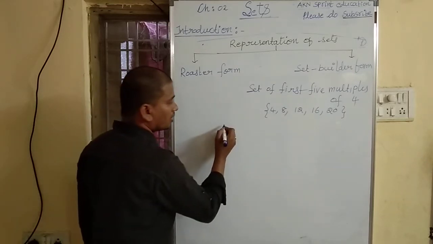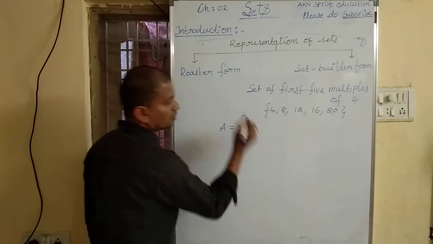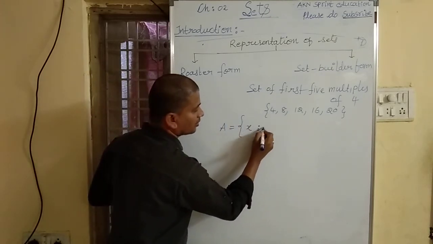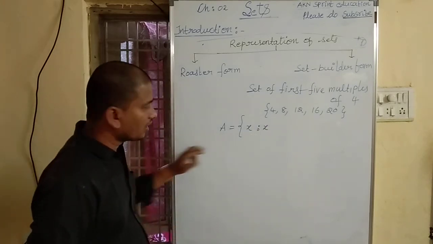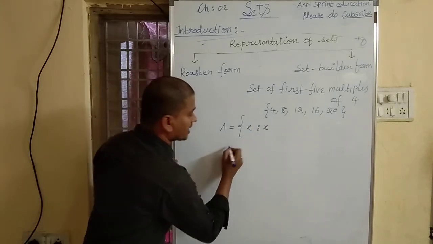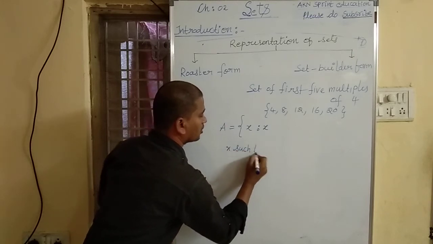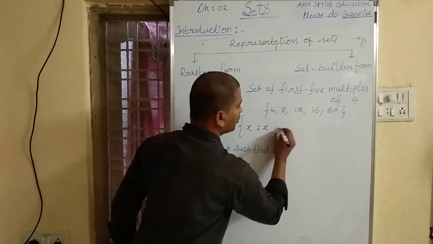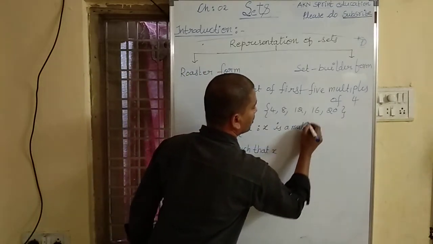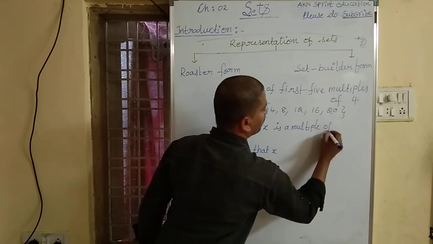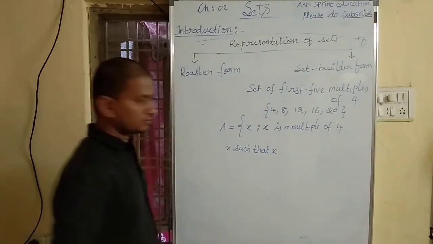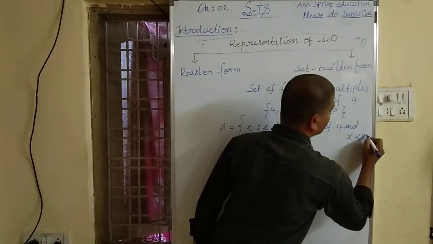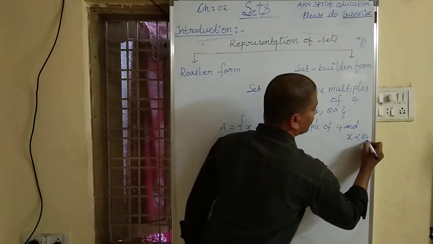For example, name of the set is A, open bracket, x such that x is a multiple of 4 and x should be less than 24.